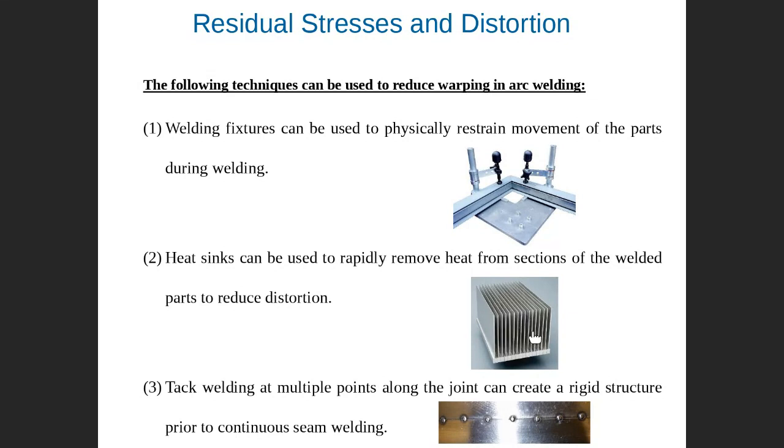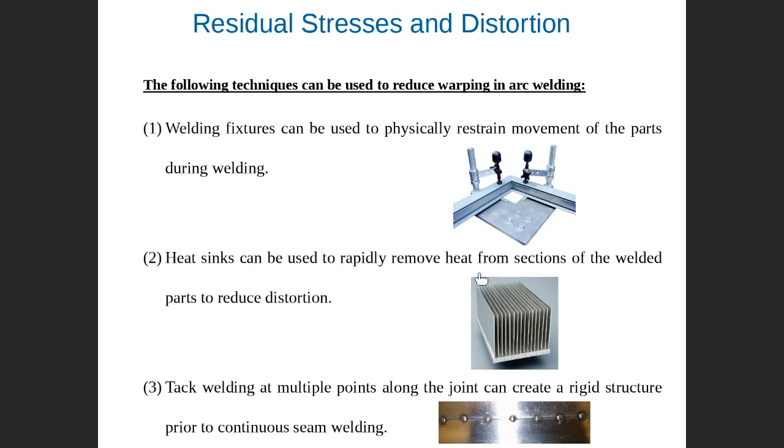The heat sink absorbs heat quickly and dissipates it quickly because you increase the surface area. The heat time will be very short, then the heat quickly dissipates, allowing the material to not distort that much. So we rapidly move heat from the weld section to reduce the distortion, and we call it a heat sink.